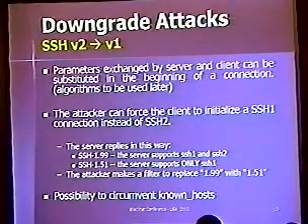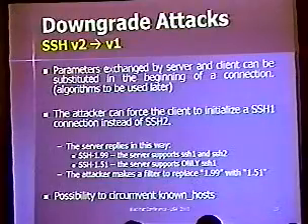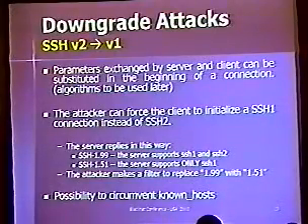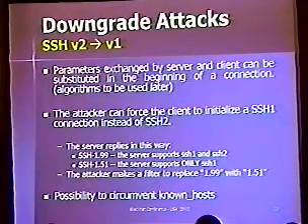The attacker can make a filter to substitute the string 1.99 with the string 1.51, so the client will think that the server only supports version 1 of the protocol. If there are no other restrictions, the client will start an SSH version 1 connection with the server, and we can perform a previously seen attack.